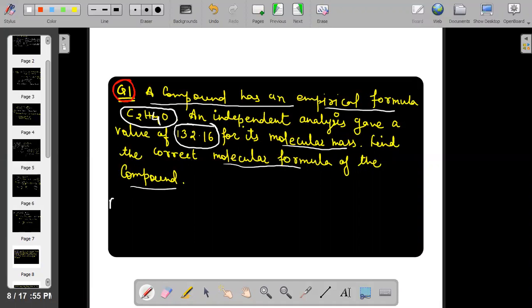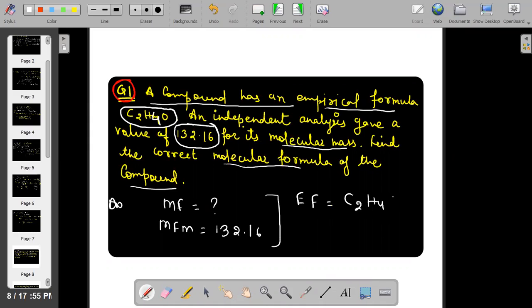Got it? What is the question saying? You have to find the MF, molecular formula. You have been given the molecular formula mass, 132.16. Next, the empirical formula is given, C2H4O. Now tell me, if the empirical formula is given, how do we find the molecular formula?